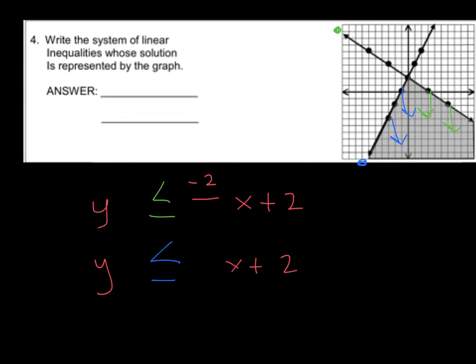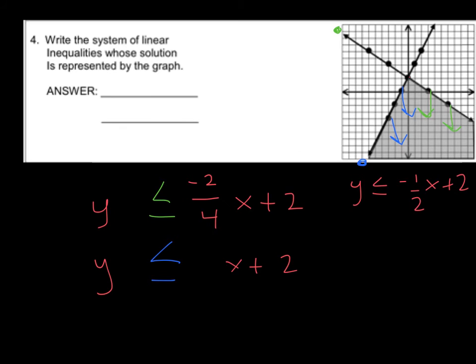It's difficult to see here on my iPad. So if I go down 2 and over 4, I'm back on my line. So -2 over 4 is the same thing as -1/2 x plus 2. I'm going to reduce that for you and put y is less than or equal to -1/2 x plus 2.